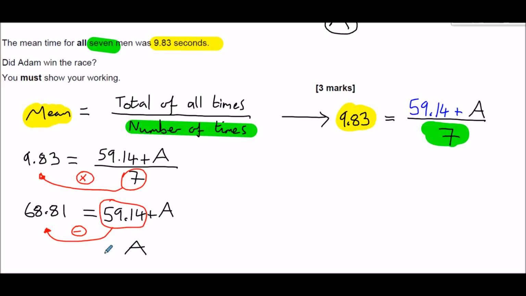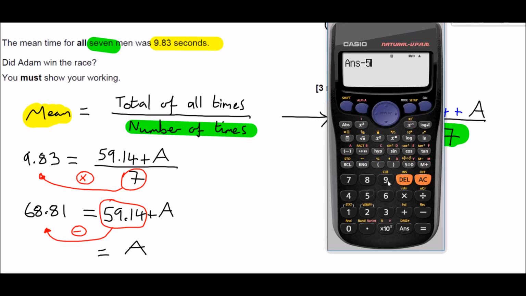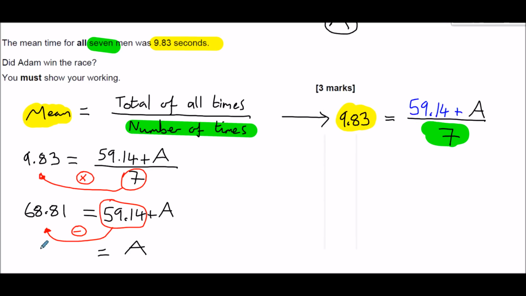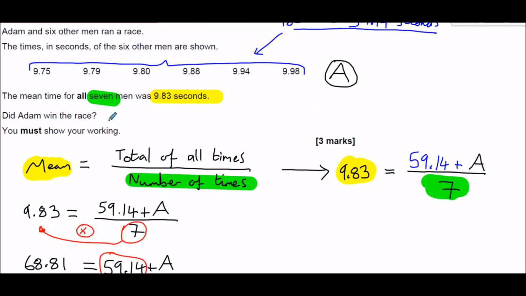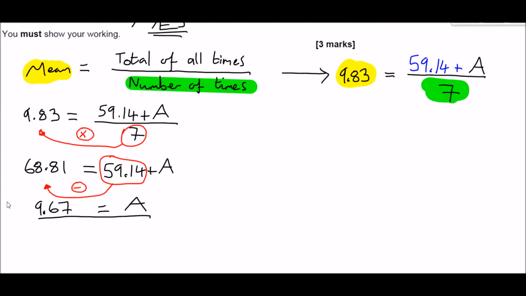And so A will equal 68.81 minus 59.14, which gives us 9.67 seconds. So Adam's time was 9.67 seconds. Did he win the race? Yes, he did, because 9.67 seconds is the smallest time of all these. So 9.67 seconds would be a winning time.